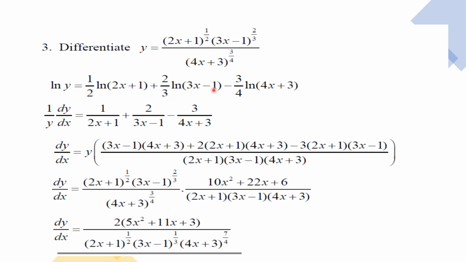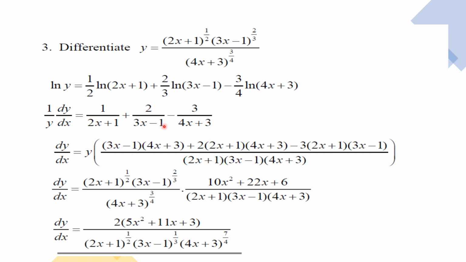Next, 2 over 3 multiplied by 3 over 3x minus 1 reduces to 2 over 3x minus 1. Then minus 3 over 4 multiplied by 4 over 4x plus 3 becomes 3 over 4x plus 3.